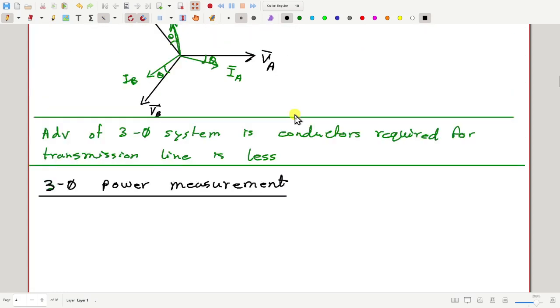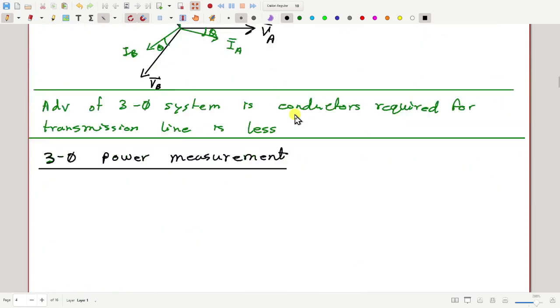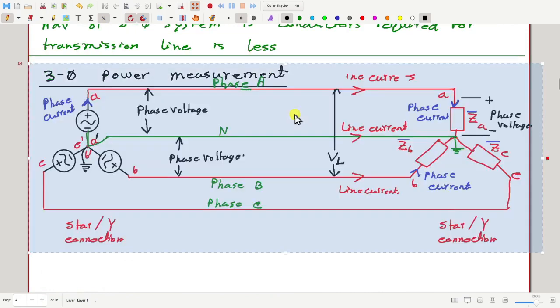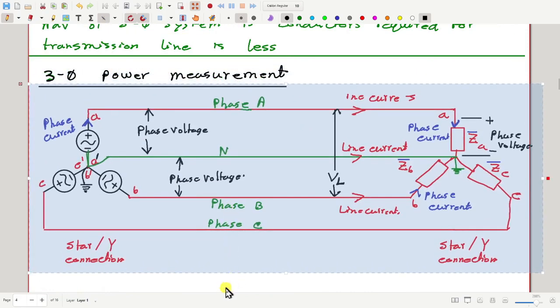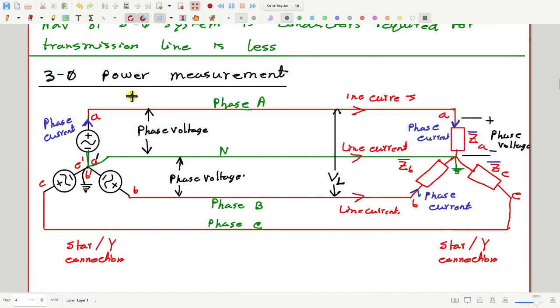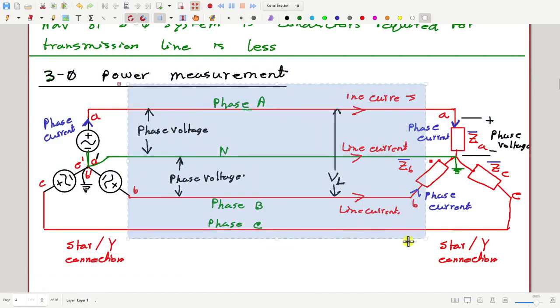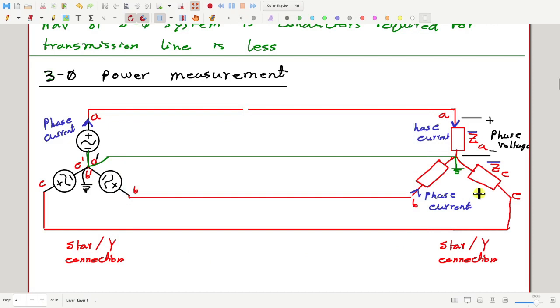Let me just copy this and make it a bit cleaner.